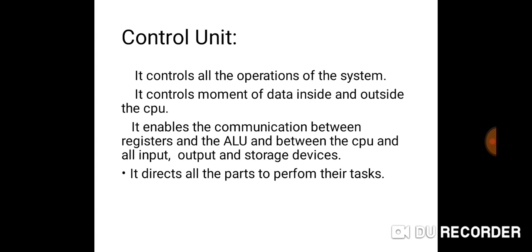That is, it controls all the activities which are going on inside the system. It communicates between these parts which are interrelated with each other, and directs them to perform their tasks.